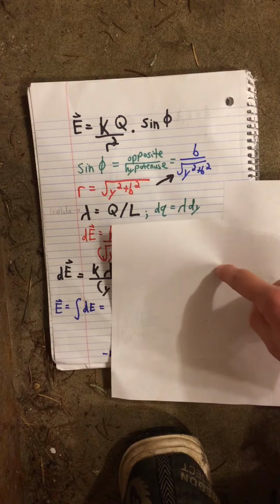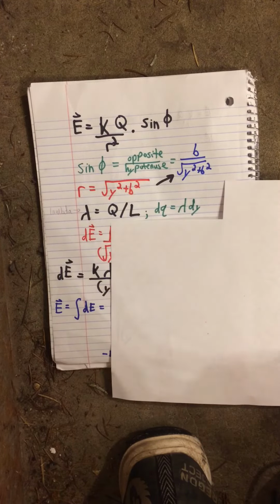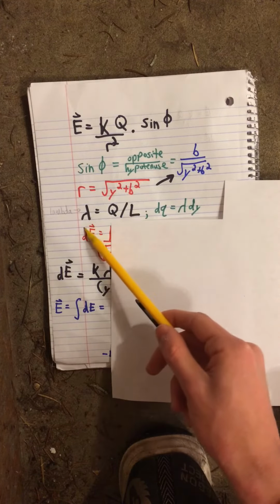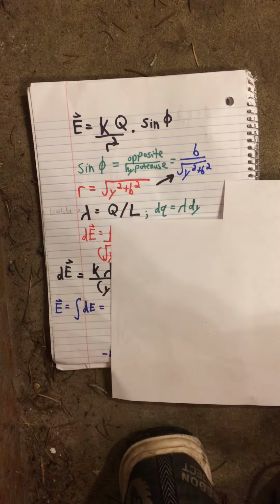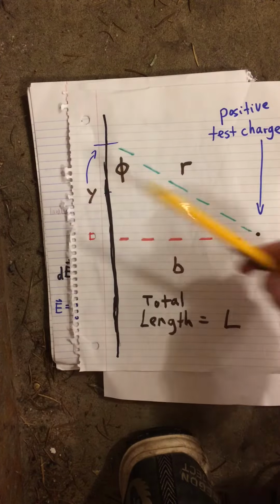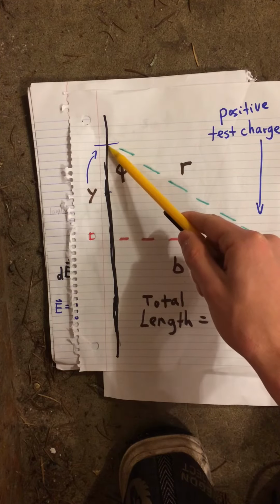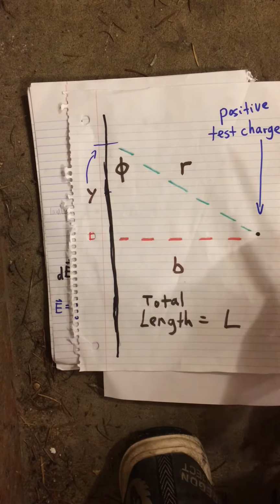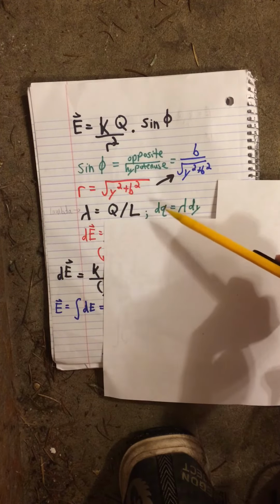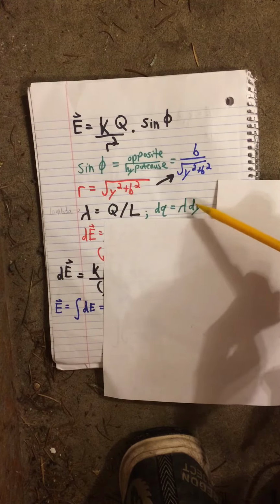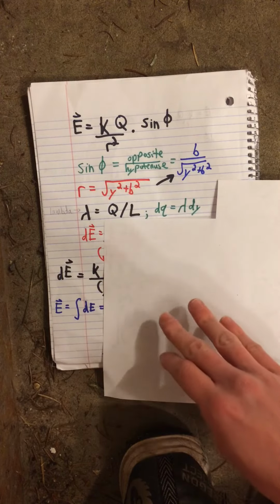And so if we rearrange that and move L over to this side, and if we say that L corresponds to y, and y is a certain point on this line of charges that produces a certain field, then we can find that dq is lambda times dy.